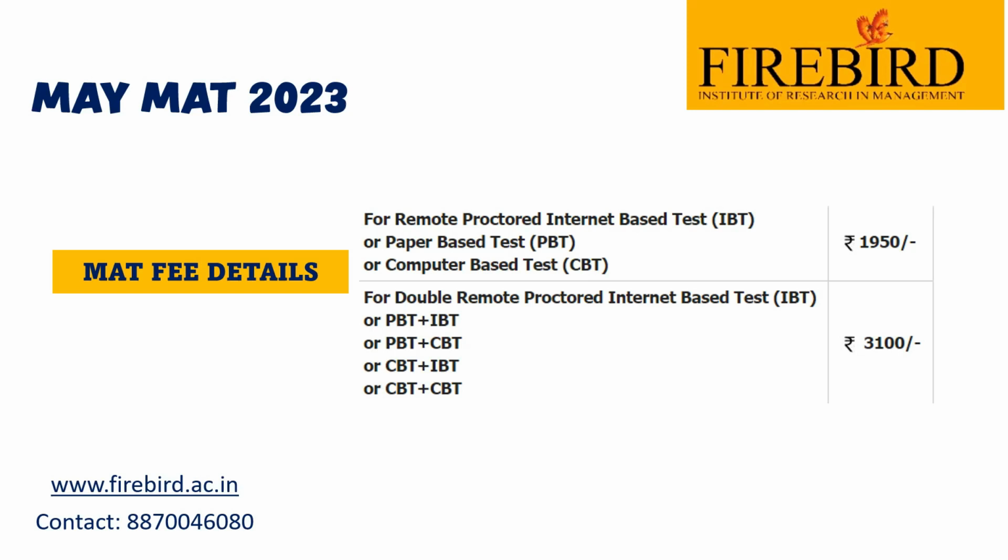If you plan to take 2 tests, the test fee will be around 3,500. If you attend 2 tests, the best of the 2 scores will be taken for your evaluation.